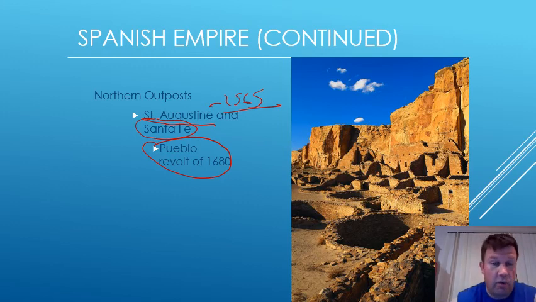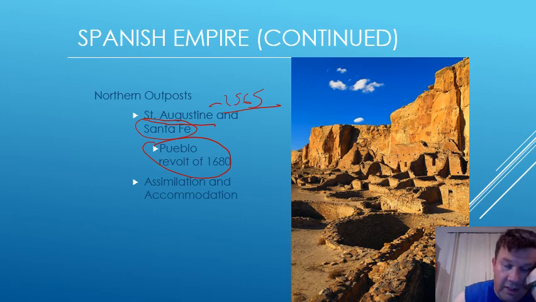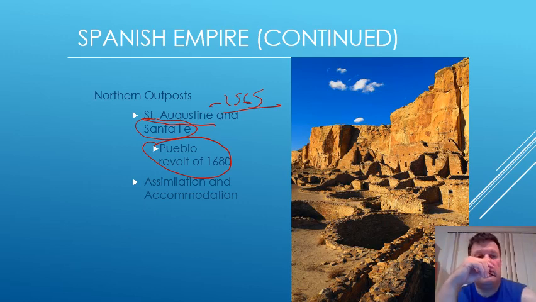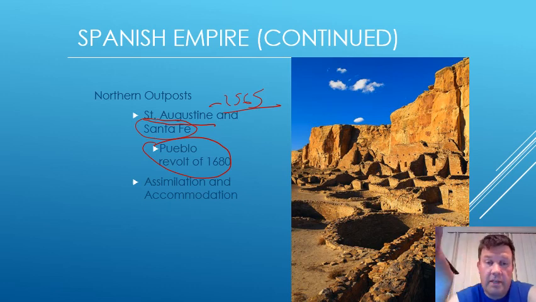It's a successful revolt in that sense until about 12 or 16 years later, when the Spanish retake control. That is an important point also to think about, okay? Because it establishes kind of a pattern with what we see with first Europeans and later Americans, the United States, in their relationship with natives.